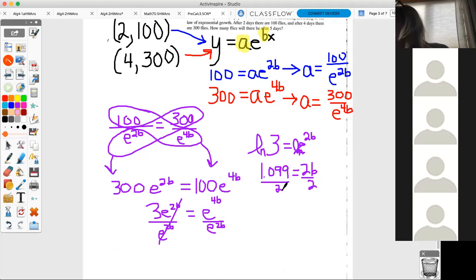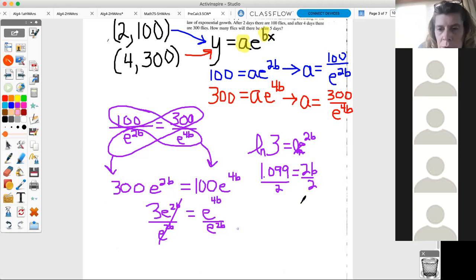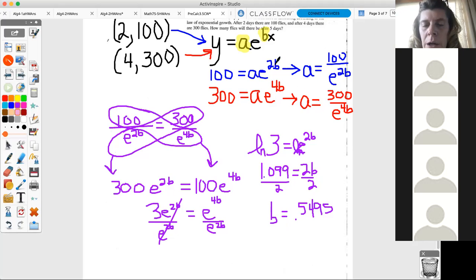And that was a lot of work just to find out what b is, because we still have to find out what a is. So b is 0.5495. Now, what we actually found is the growth rate of those fruit flies. So b is 0.5495. That goes here. All right, we're not done yet though.